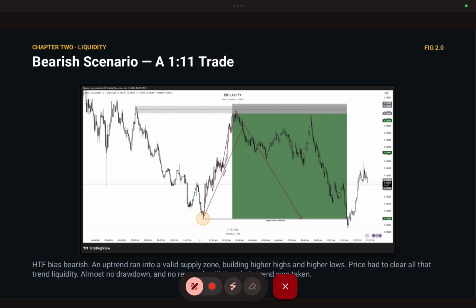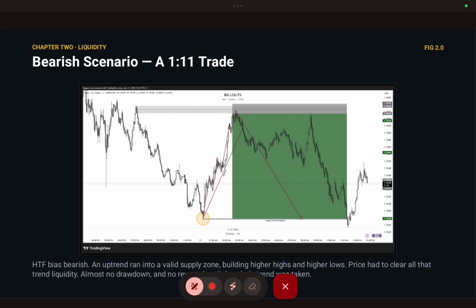If we were using the opposing structural low, this last low here would have been our target, and this trade would have been a 1:2, or maybe a 1:3, as the case may be. But because we were using the opposing liquidity, we could see a clear trend, and it wasn't confusing.